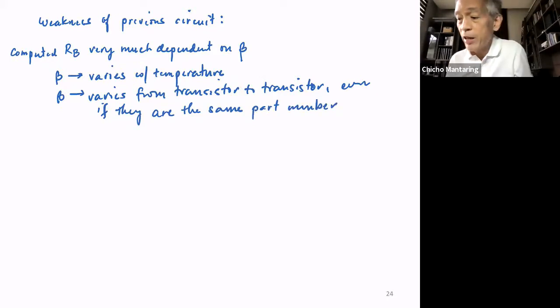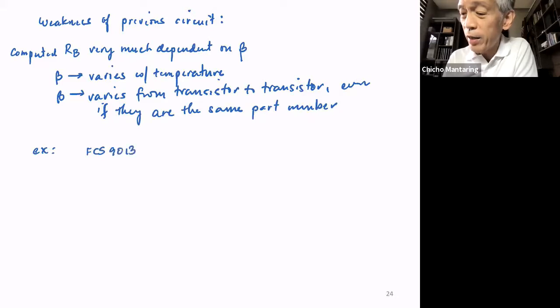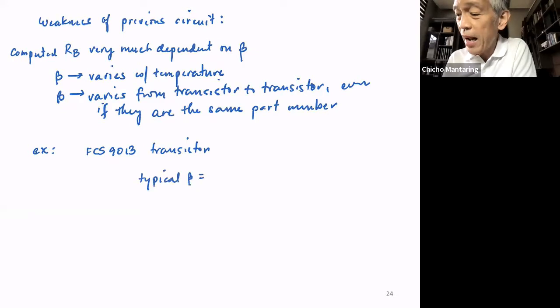No? I'll give you an example. You have a transistor, the part number is 9013, no? FCS 9013 transistor. Okay. The beta typical is equal to, if I'm not mistaken, 90.